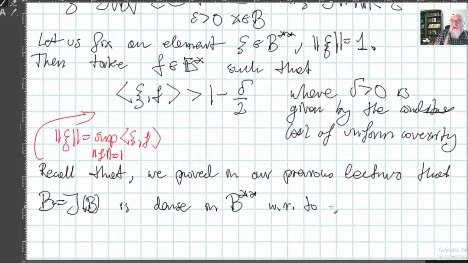So it is dense in this space. In particular, that also means that every weak star neighborhood of psi contains an element of B.